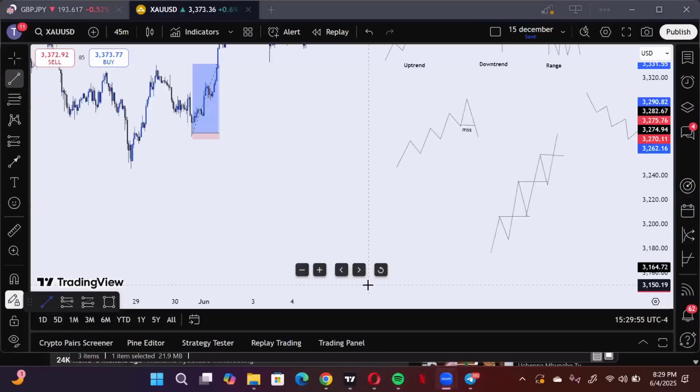So once you're trading break of structures, you're trading in line with the current trend of the market.